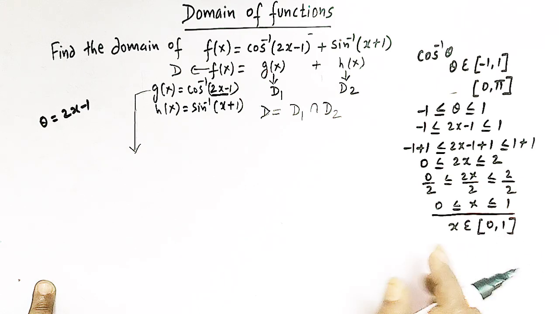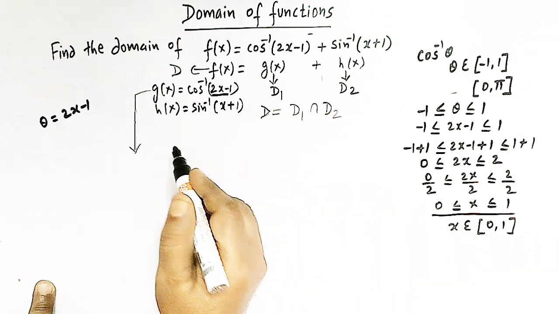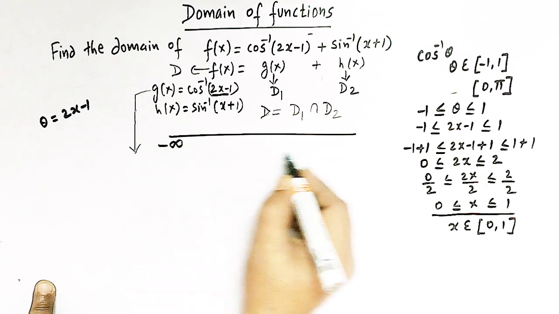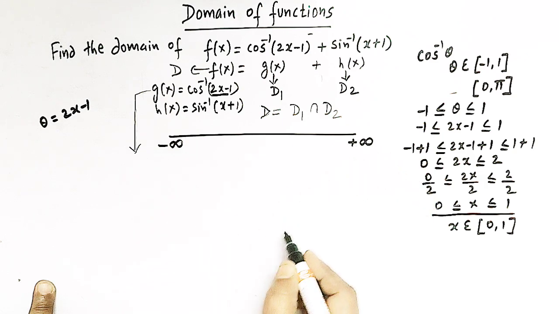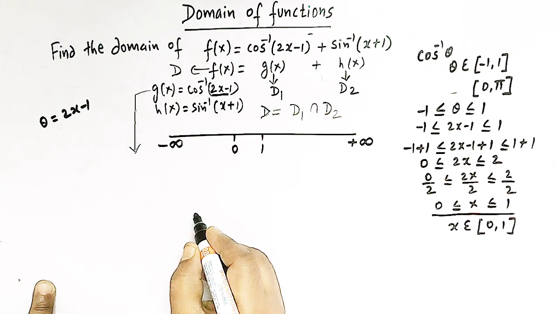Let us represent this interval on the real number line. Here we have minus infinity, here we have plus infinity, here we have 0, and here we have 1.